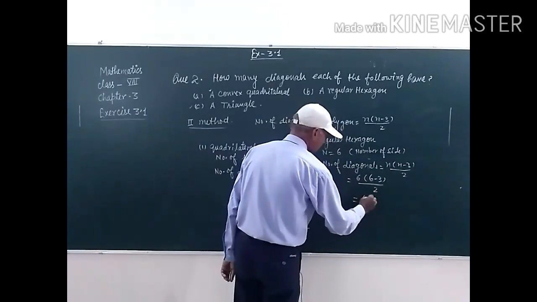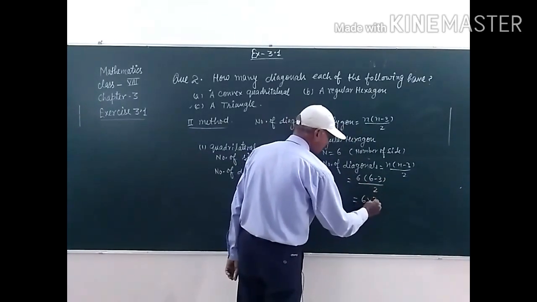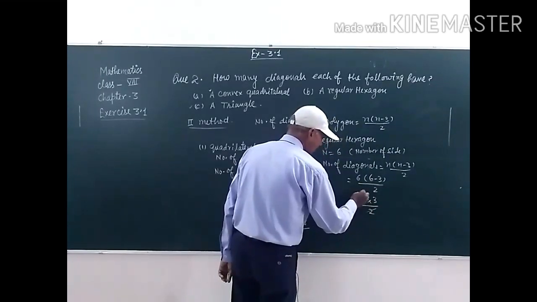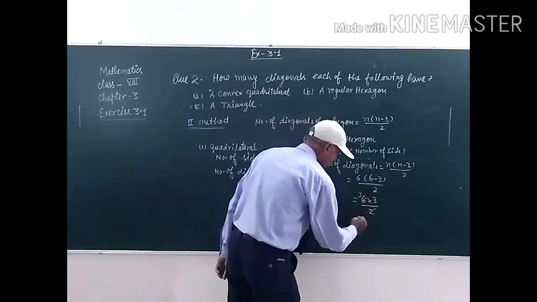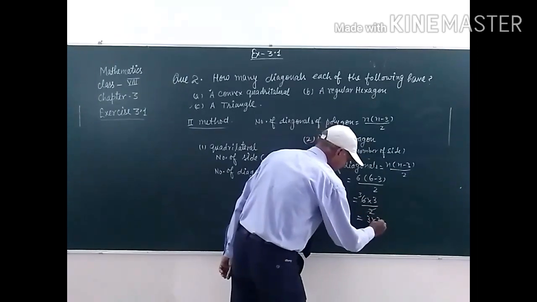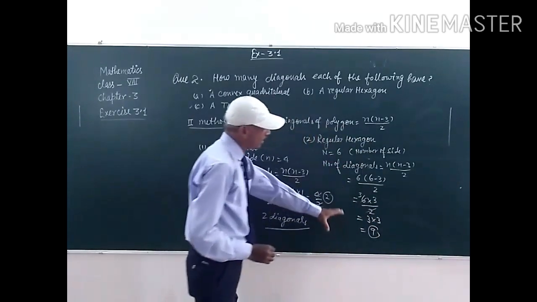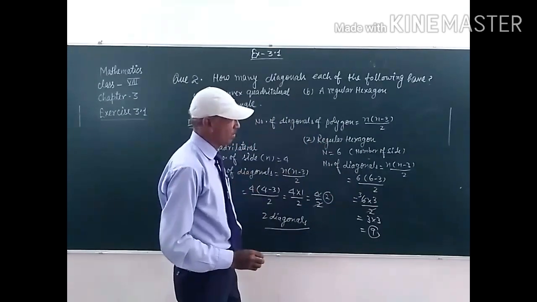So 6 into 3 by 2. 2 threes are 6, so 3 into 3 is equal to 9. In this figure, there will be 9 diagonals, student.